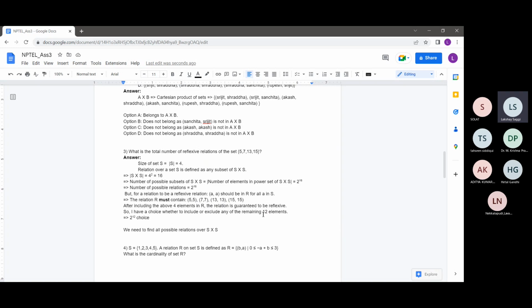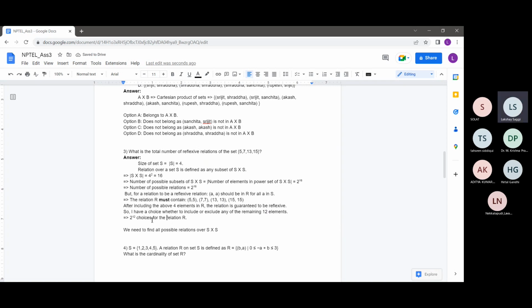So 2 choices for every element, and by the basic counting argument, since there are 12 elements, there will be 2 to the power 12 choices for the relation R.